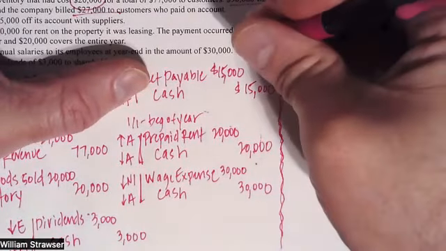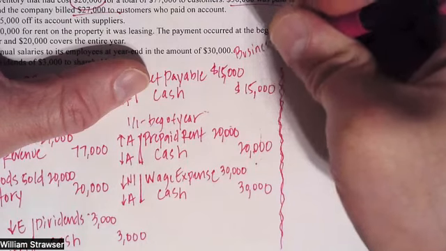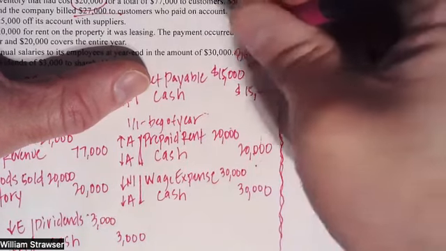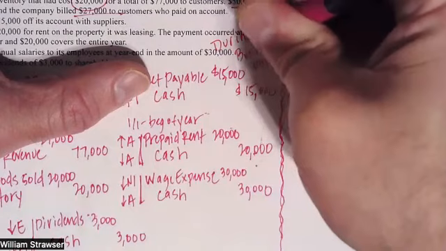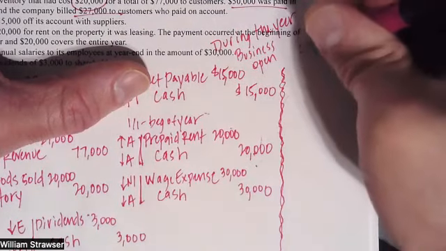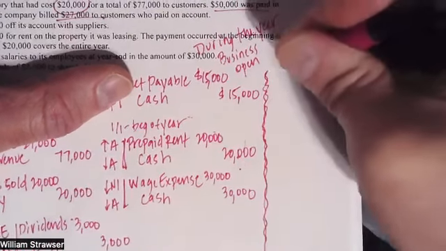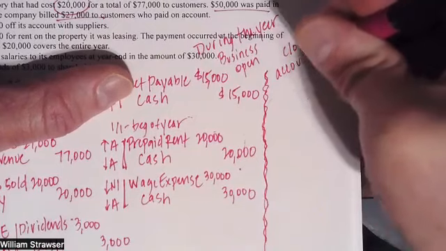So this is business is open and during the year, and this is closed doors, accounting period end.